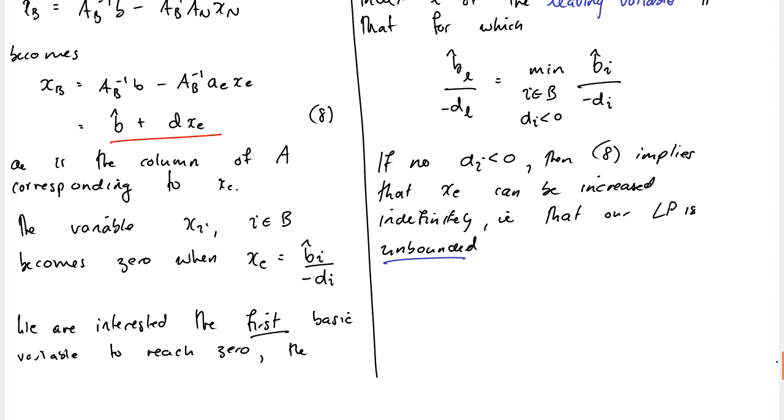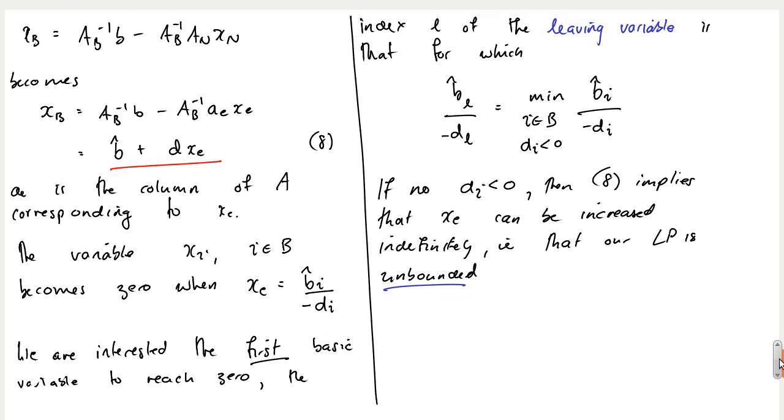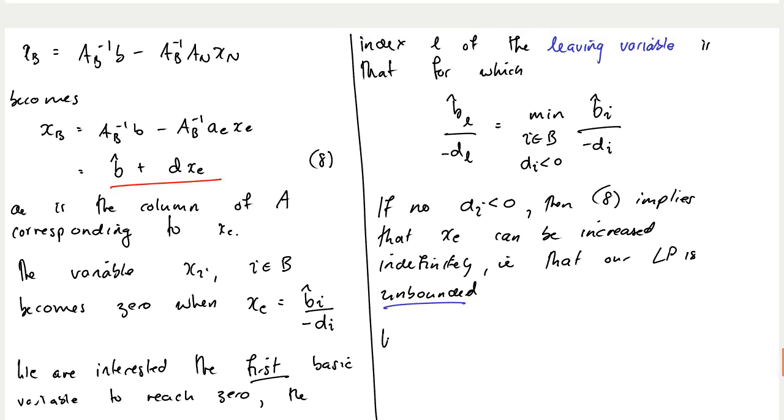Okay, so at this point we're almost done. What we have to do is find this leaving variable L, and then switch L and E in the sets.